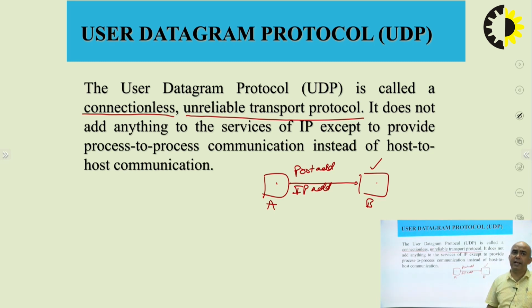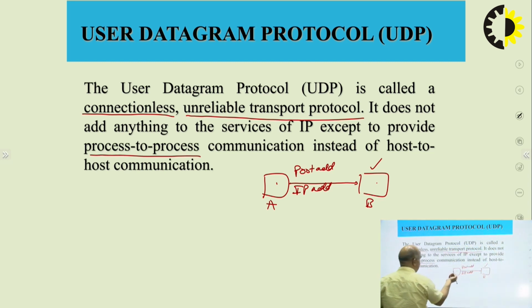It does not add anything to the services of IP except providing process to process communication instead of host to host communication. One of the points with respect to the transport layer is that the transmission of data happens from process to process. Why process? Because a port address is also needed while transferring our data.